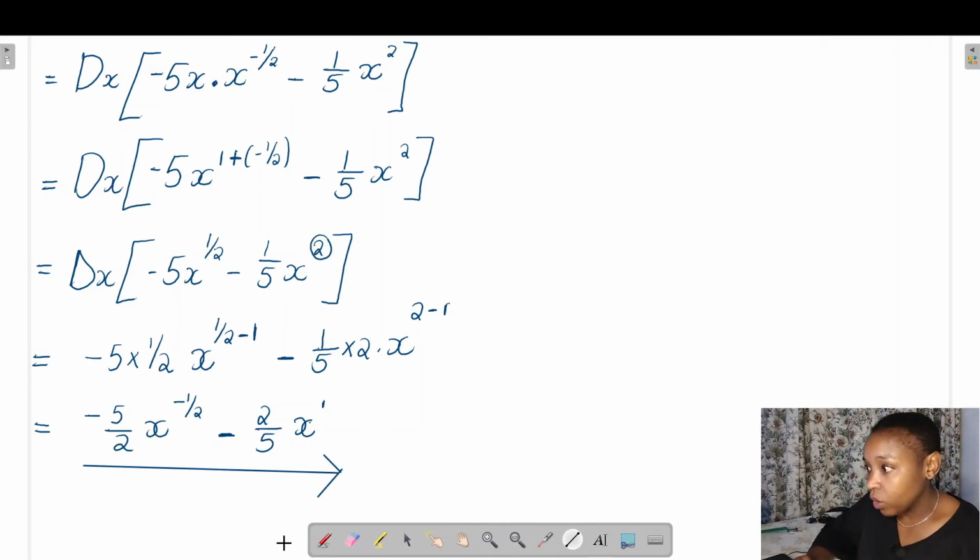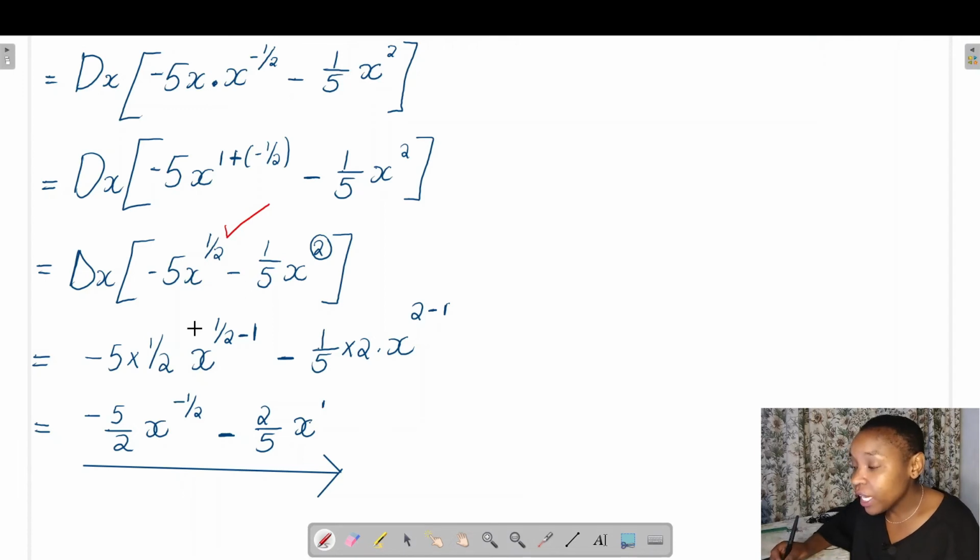That is going to be our final answer. Here you get a mark for showing that if you simplify the negative 5x multiplied by x to the power of negative 1 over 2, you get negative 5x to the power of 1 over 2. You get your mark there.